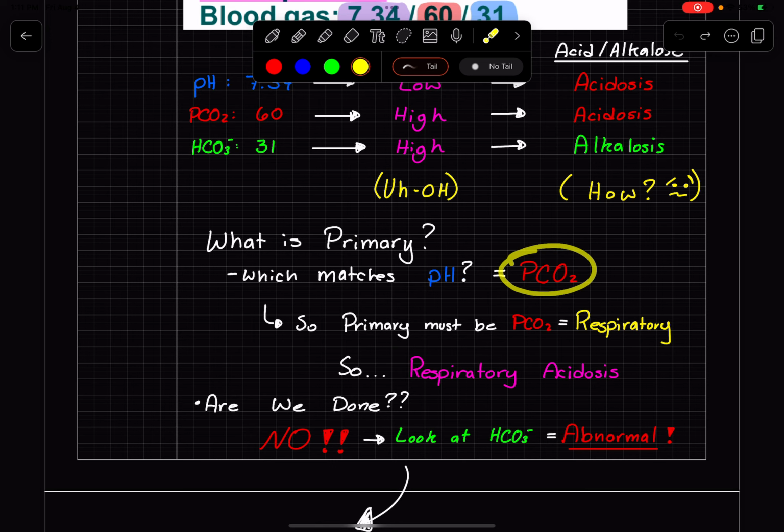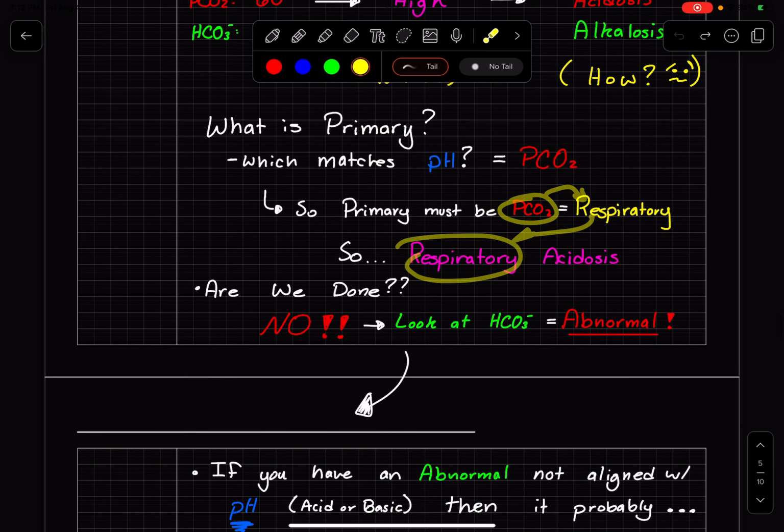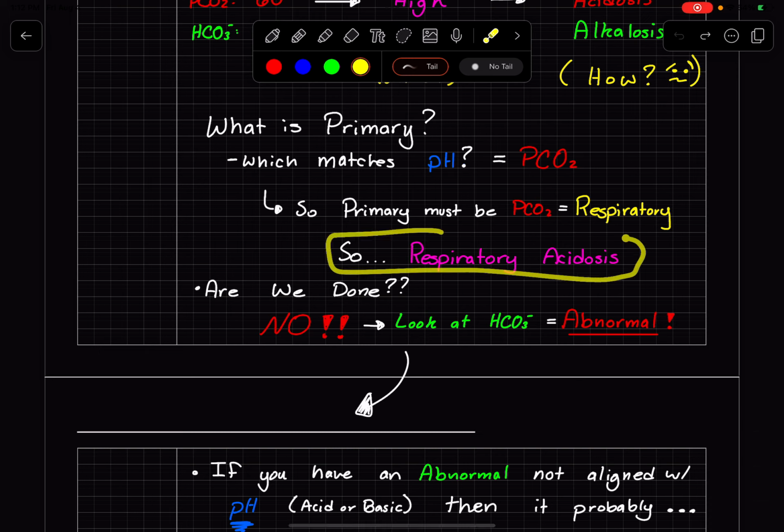So CO2 is going to tell us what our primary process is. pH is acidosis, so that's the second word, acidosis. And then CO2 is respiratory, so respiratory tells us our first word. So our primary process is respiratory acidosis. That's the primary process. That is not our answer. We're not done. That just tells you your primary process.